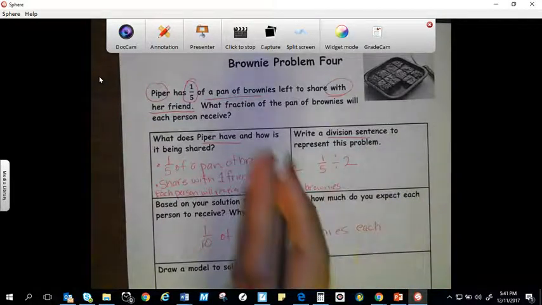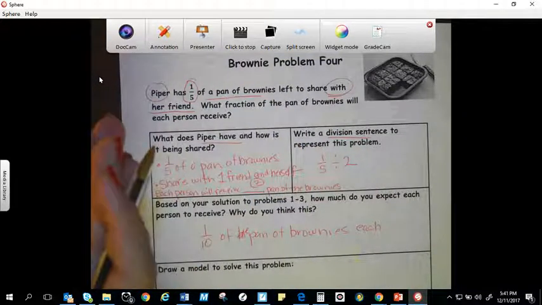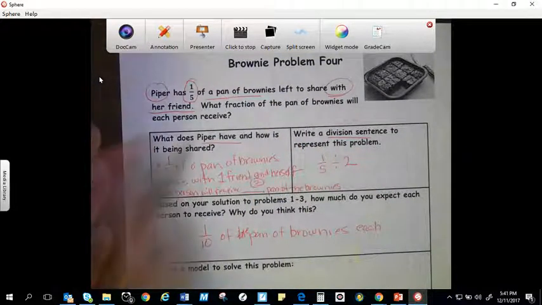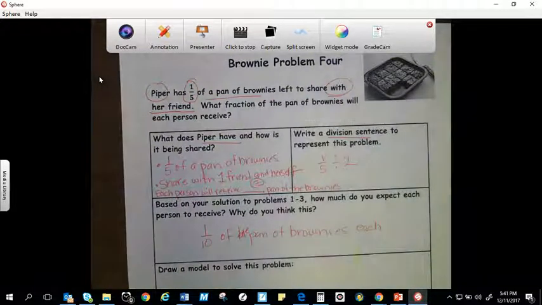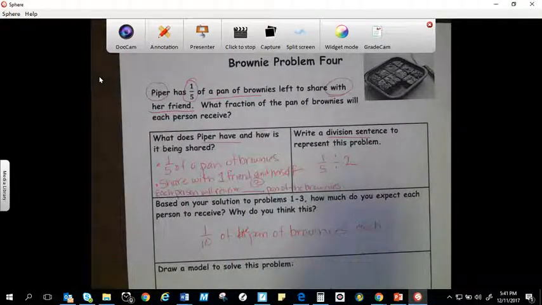Because if I had 1/5 and I needed to split that 1/5 in half, then I will end up having a total of 1/10. So each one would receive 1/10.